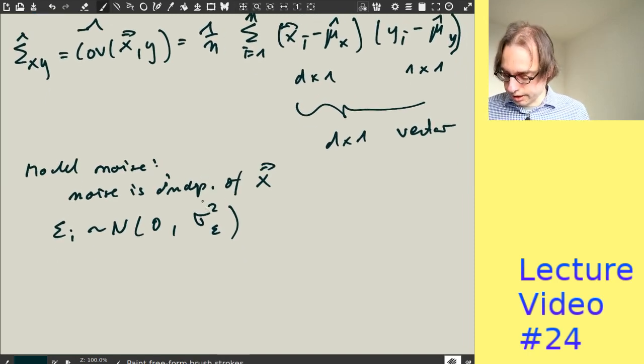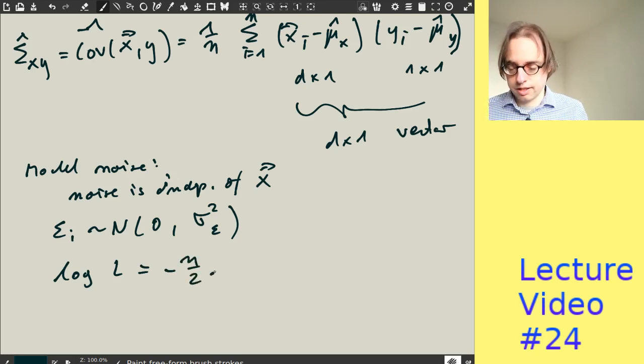So the log likelihood of this model is minus n half log sigma epsilon.